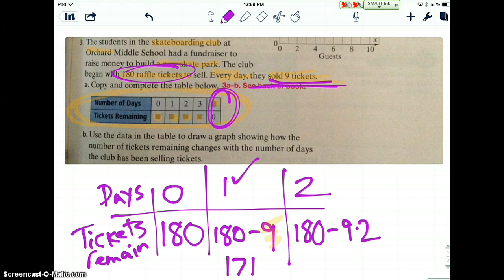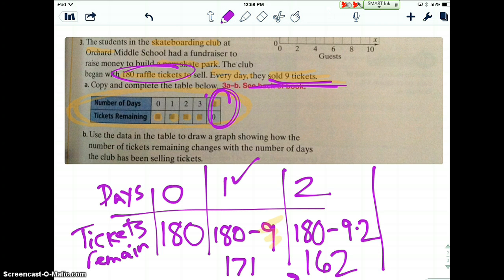So I want to see something of a pattern that I can use to figure that out. So I'm going with this. So 180 minus 9 times 2. Well, really, that's 180 minus 18, which would be 162.